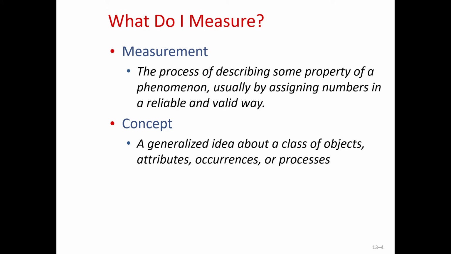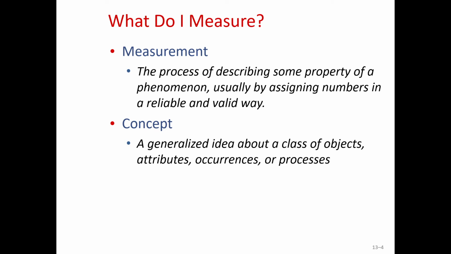The decision statement and the corresponding research questions and research hypotheses can be used to decide what concepts need to be measured in a given project. And measurement is the process of describing some properties of a phenomenon of interest, usually by assigning numbers in a reliable and valid way. Numbers convey information about the property being measured.